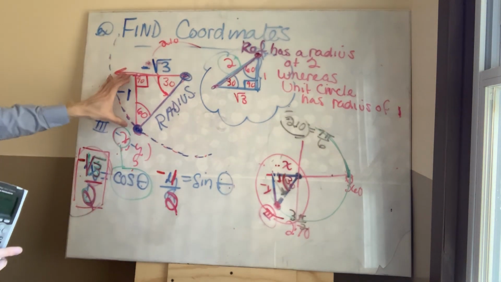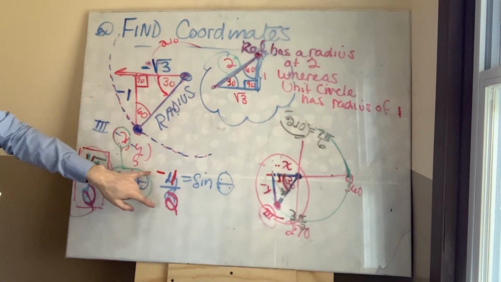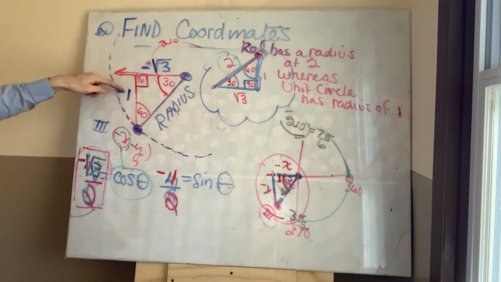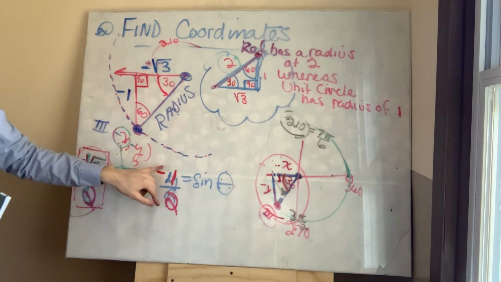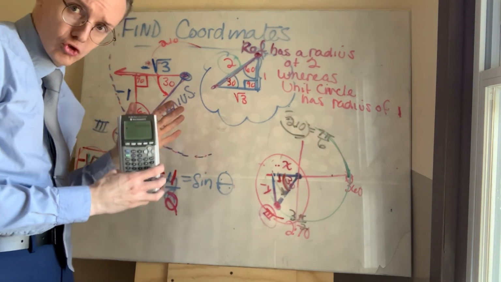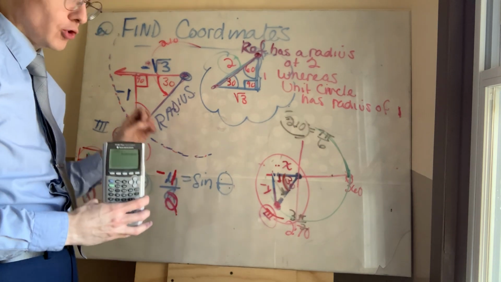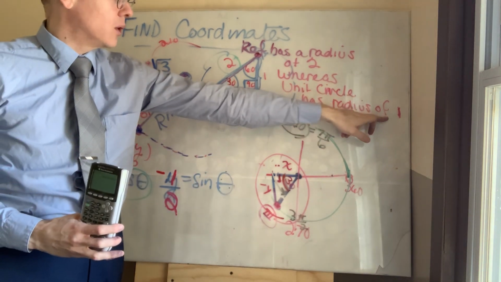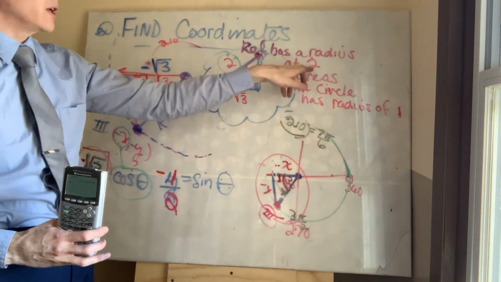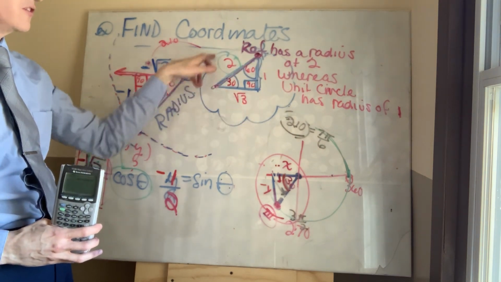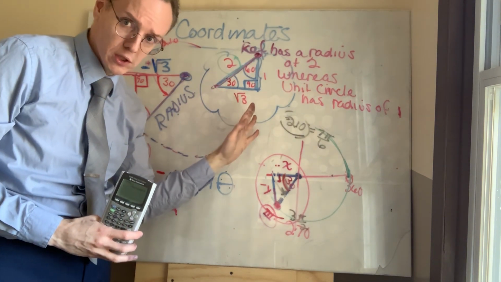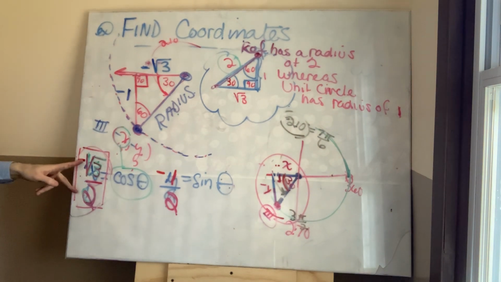Similarly, the dimension here is negative 1/2 for its location, but it's the magnitude of 0.5 because it has to be something smaller than 1. A unit circle has a radius of 1. The reference has a radius of 2. We're just borrowing these dimensions because they would be proportionate as long as we use this calculation for cosine.